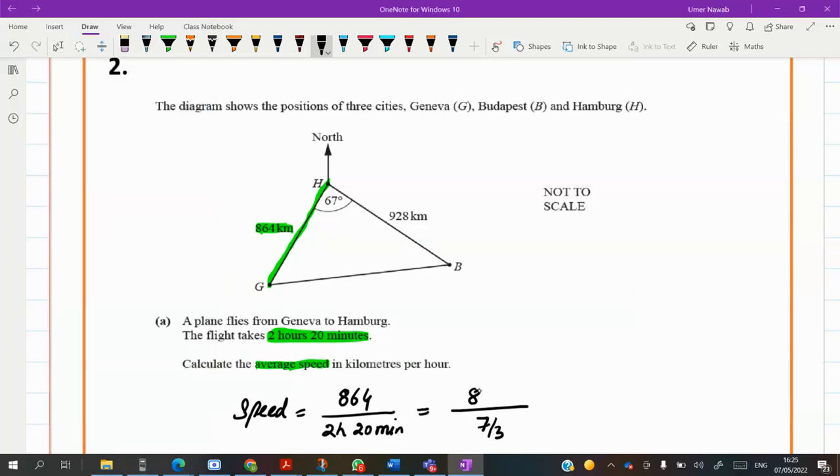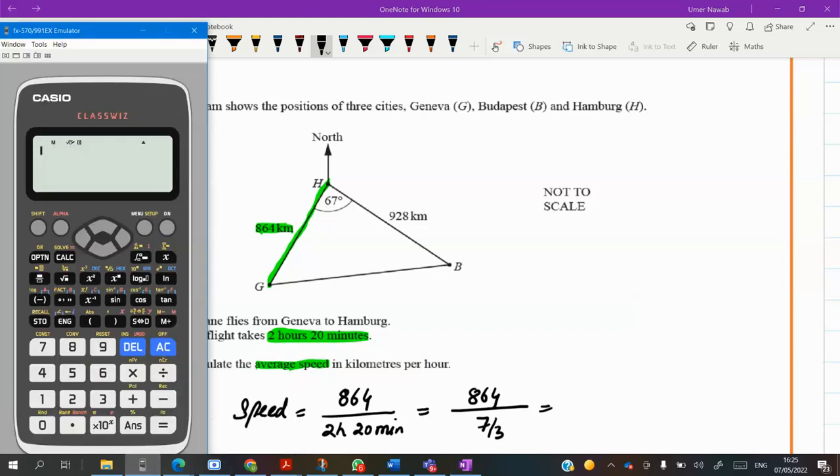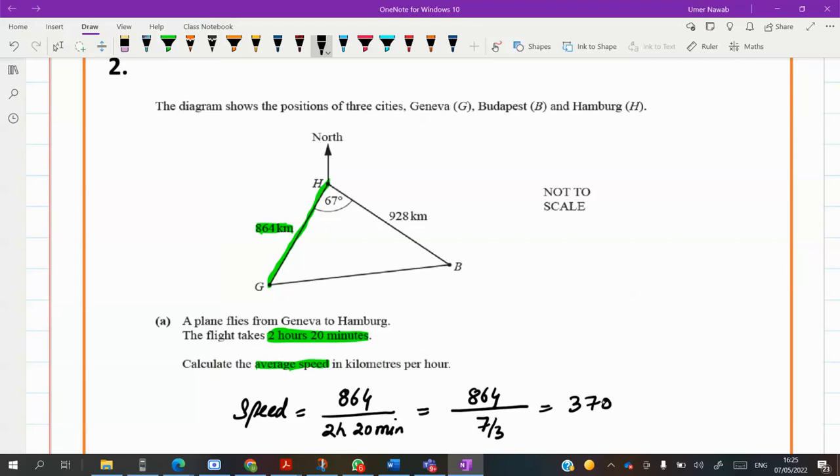So 864 divided by 7 over 3, we get the answer 370.2, or 370, we can write it as three significant figures.